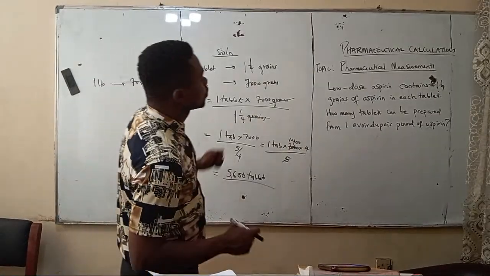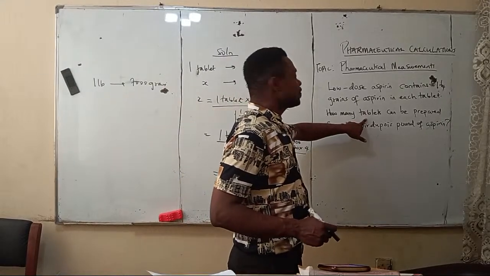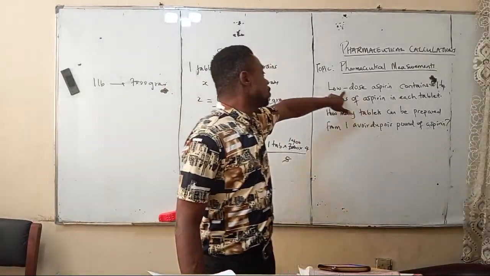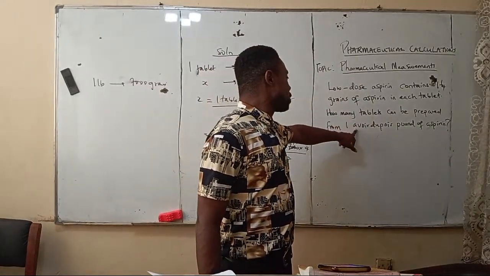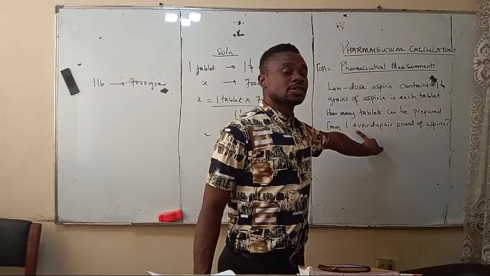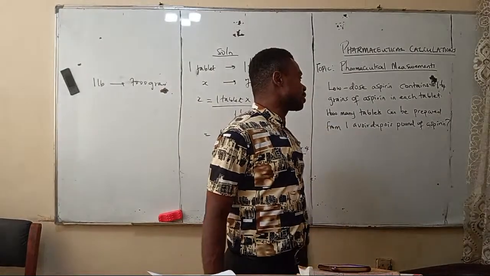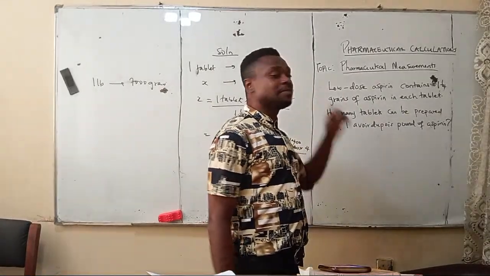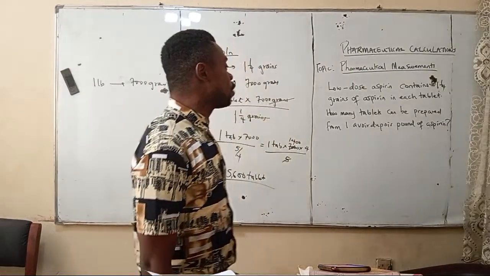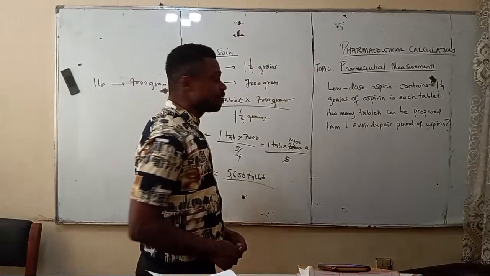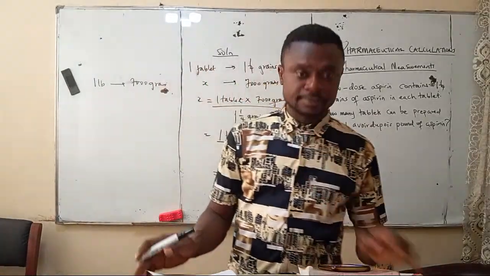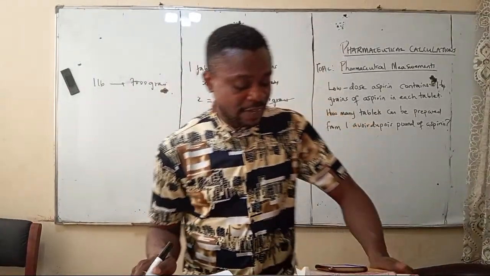So 5,600 tablets of low dose aspirin can be prepared from 1 avoirdupois pound of aspirin, provided that one tablet contains 1/4 grains of aspirin. So the answer is 5,600.